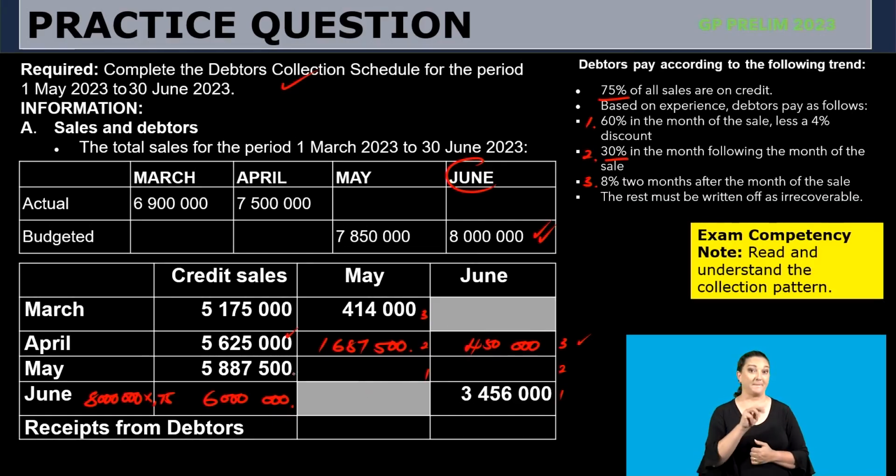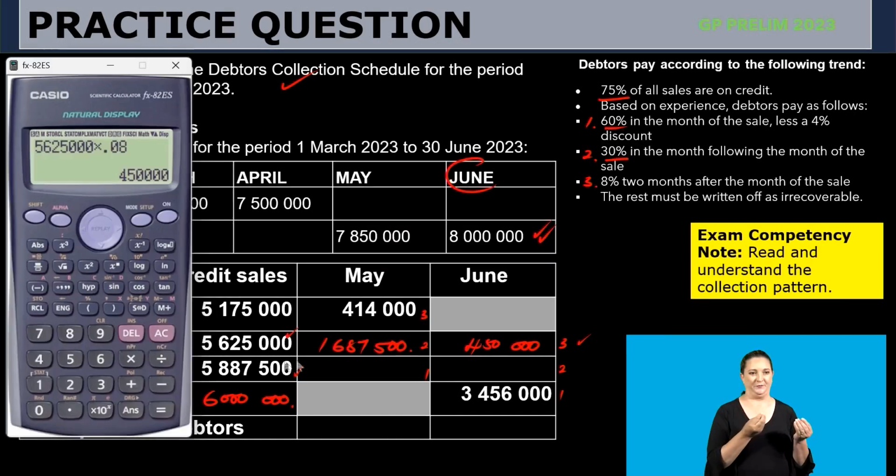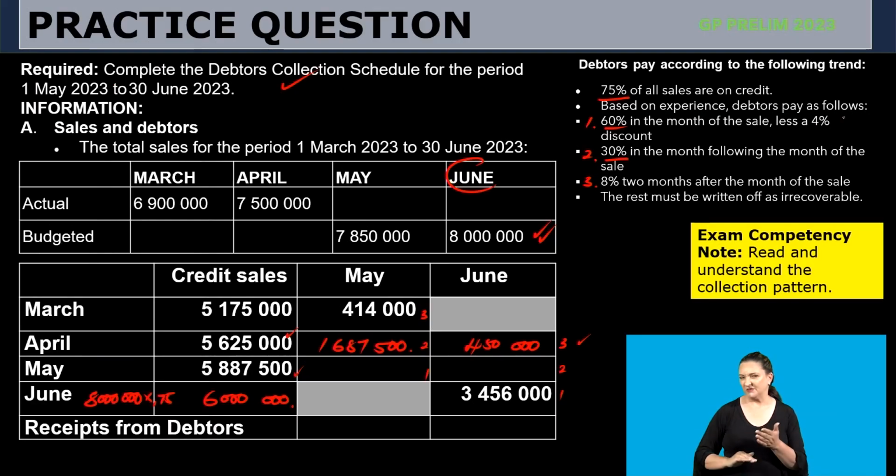Then I'll come to May. When I sell in May, I'm going to get 60% in May. On my calculator, how much are the credit sales? 5,887,500. What percentage am I going to get? 60%. That's 3,532,500. But I know that there's a trade discount of 4%.